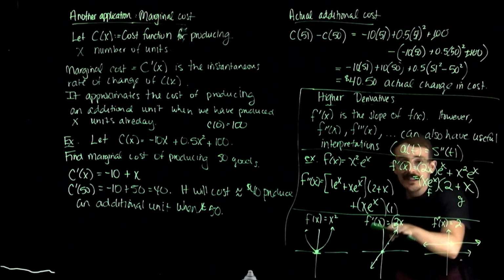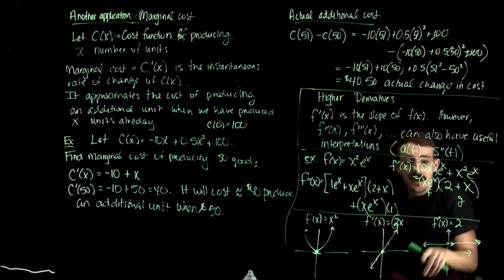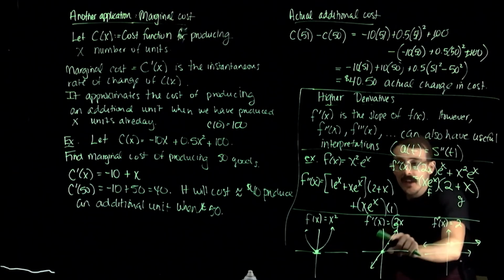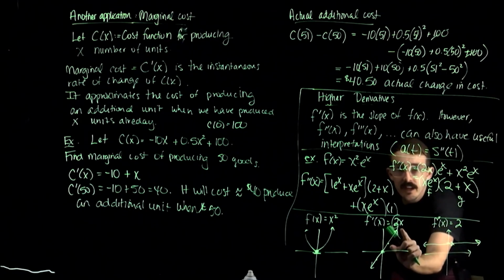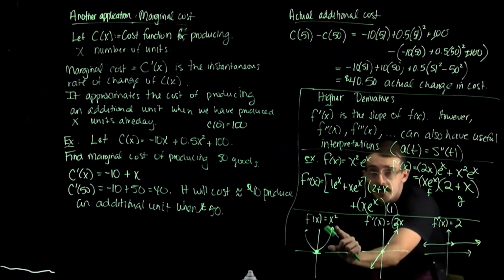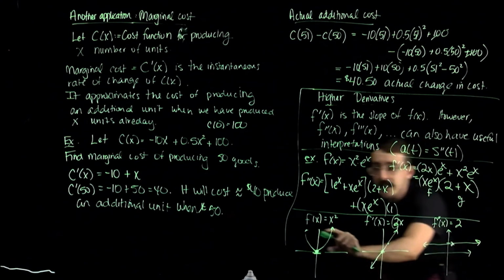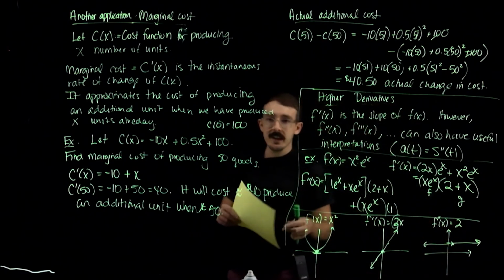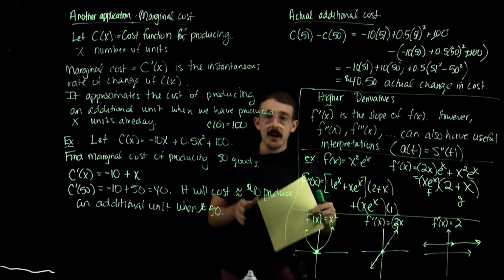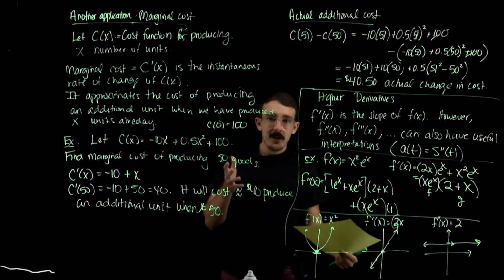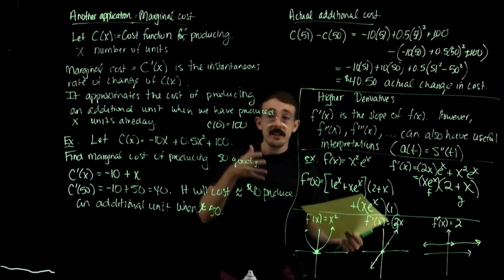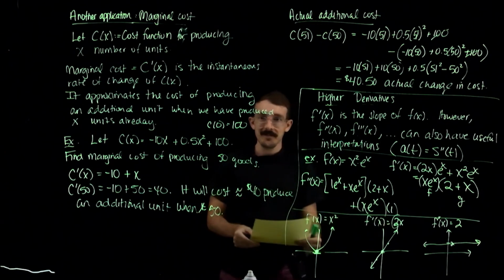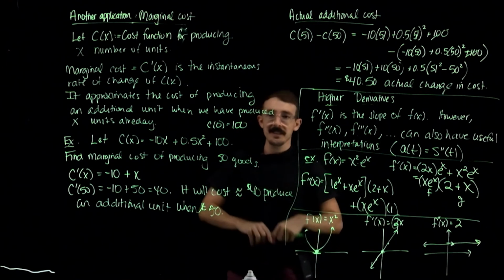So hopefully you see the connection between these, right? This is always 2 because the slope's always positive here. This one is positive on the right because this has a positive slope here, and it's negative on the left because this has a negative slope here. So I want you to see how those are all interconnected. It's very important that you see how a derivative and the graph it came from relate to each other, both visually and algebraically.